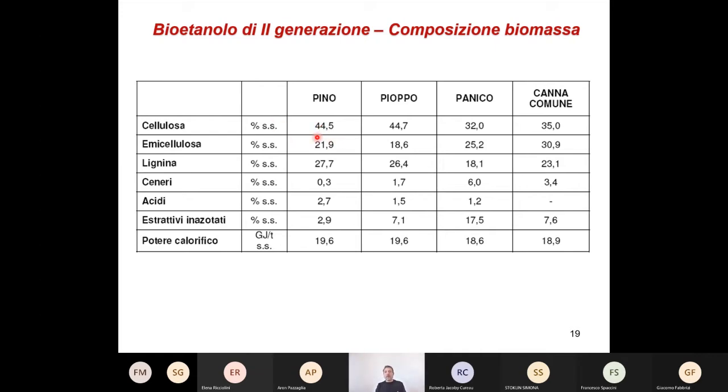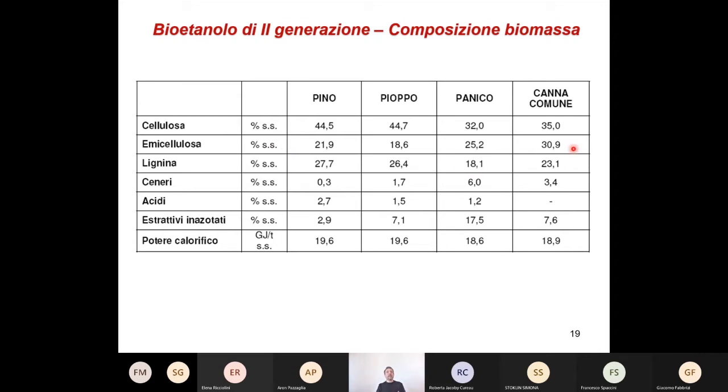You can see it here in Italian, as of course it is dry basis, so without considering water. Cellulose is between 32 and up to 45% of the complete biomass as received. Hemicellulose is around 20-25%.